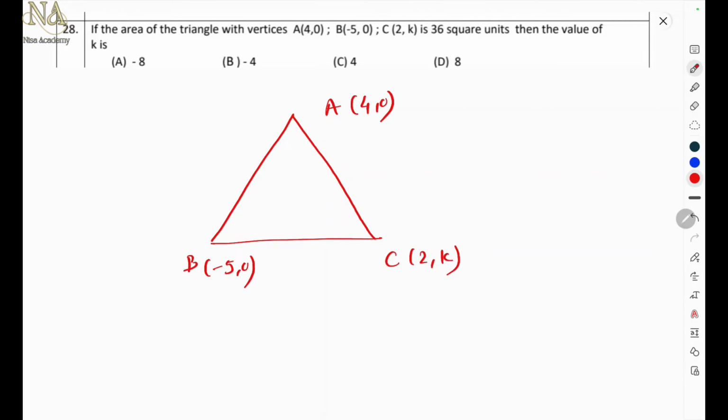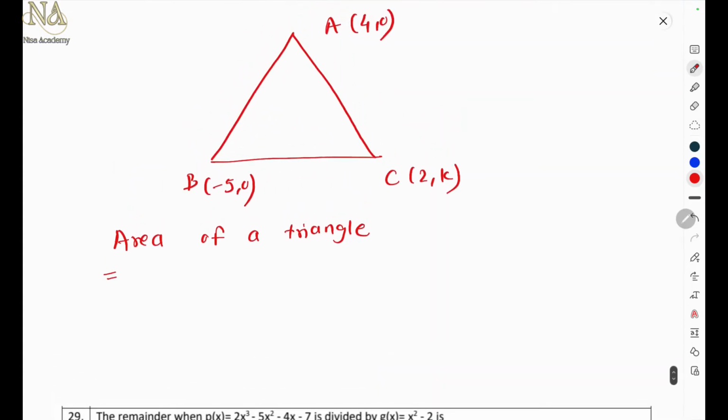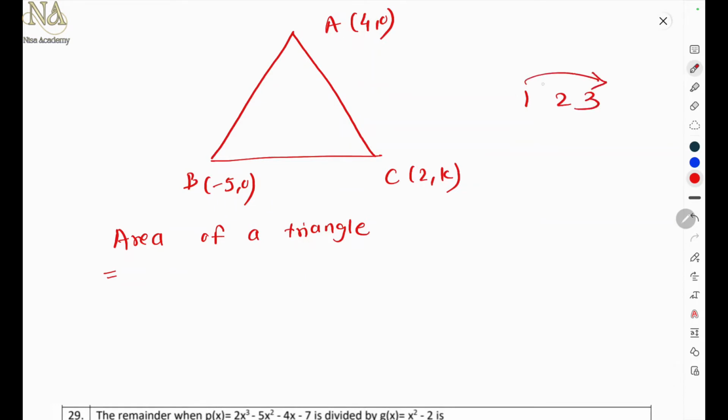Okay, so what is the area of a triangle? Yes, the formula. You don't need to actually learn it by heart. Just remember this rotation. It goes like this from 1 to 2 to 3 and then back to 1.